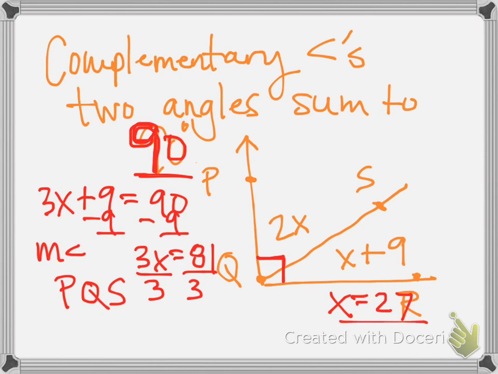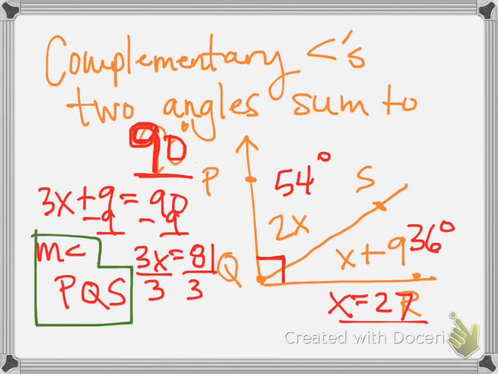So if you check your work, 2 times 27 is 54, and 27 plus 9 is 36. 54 plus 36 would add to be 90 degrees. And our question was the measure of angle PQS. So PQS, this one, must be 54 degrees.